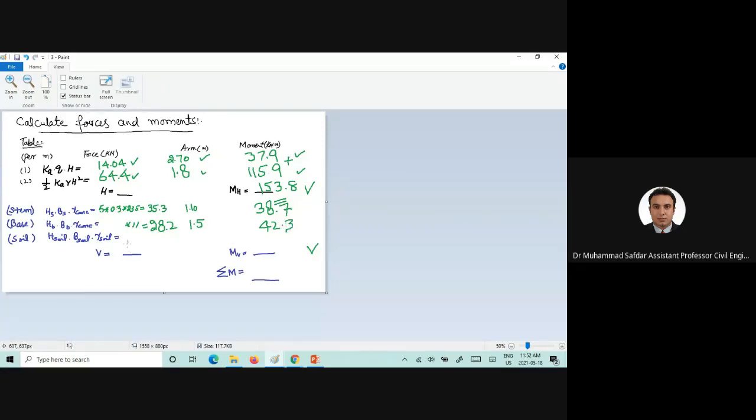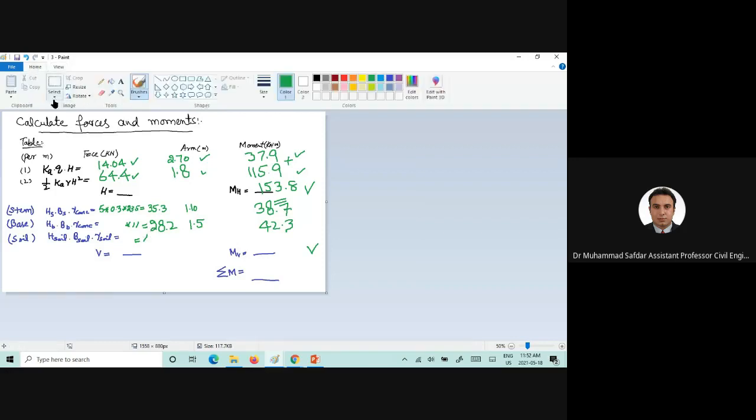Now, how about the soil, the backfill soil? The height of this 148.7. Okay. 148.7.